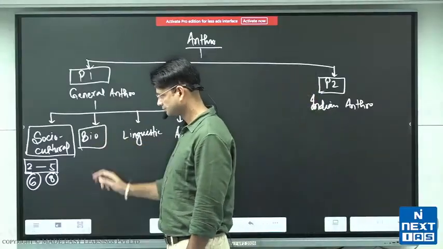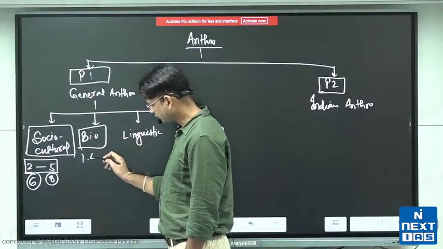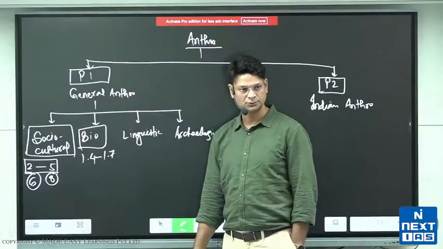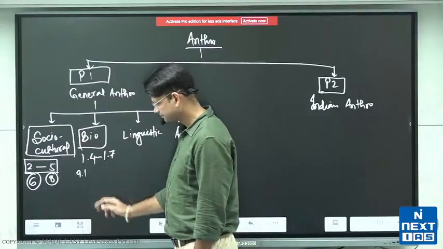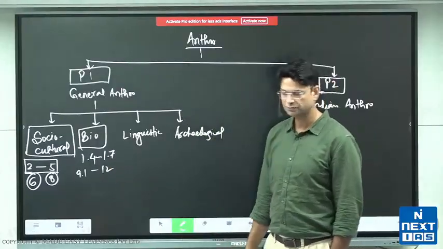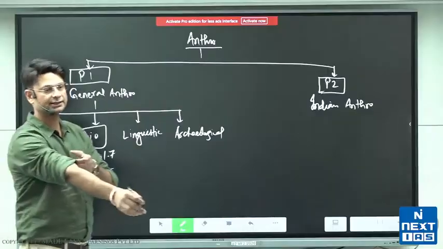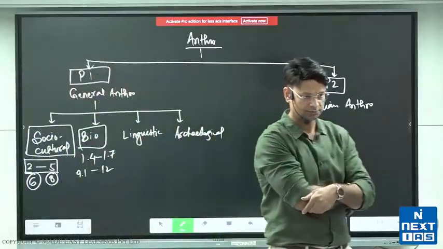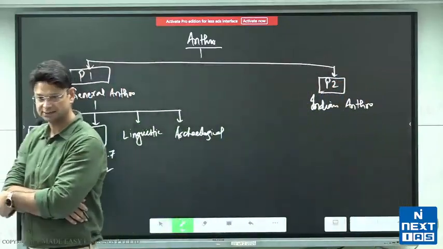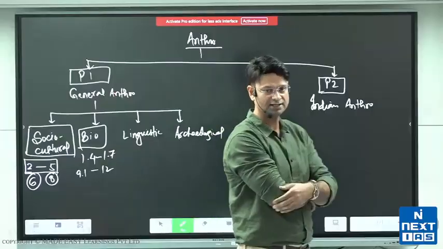Biological anthropology, that means the biological aspect of human, starts from 1.4 and goes up to 1.7, and then it starts from 9.1 and goes up to unit 12. 1.4 is basically the organic evolution, biological evolution. 1.5 is primatology, study of monkeys, study of gorillas. 1.6 is study of fossils. 1.7 means cell, what is cell?